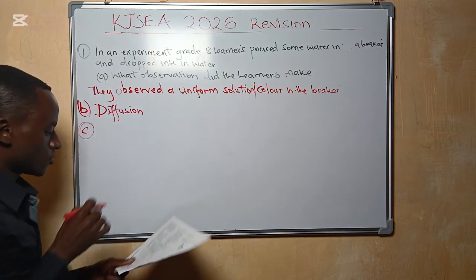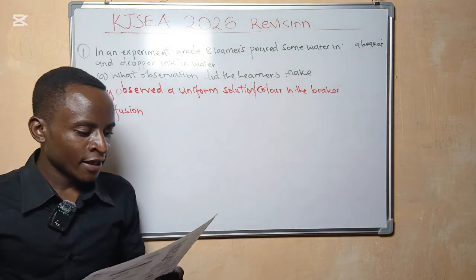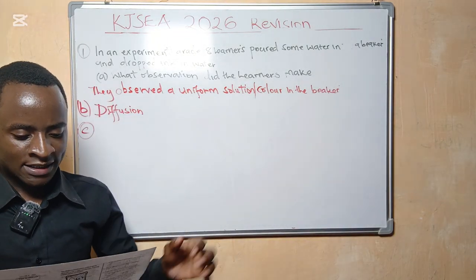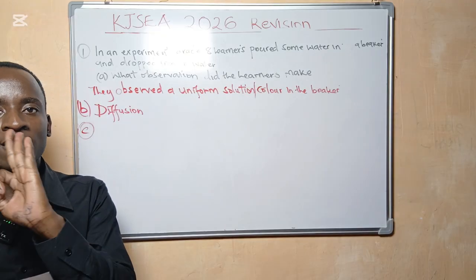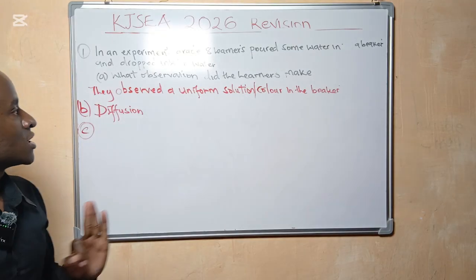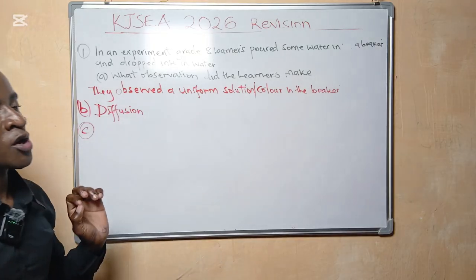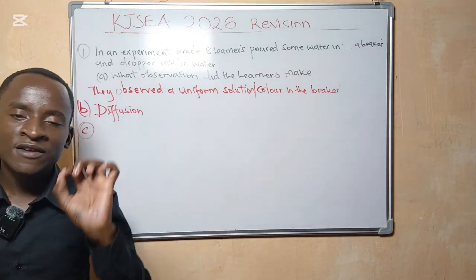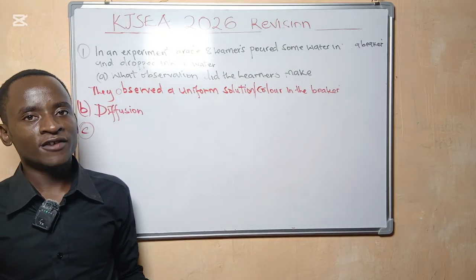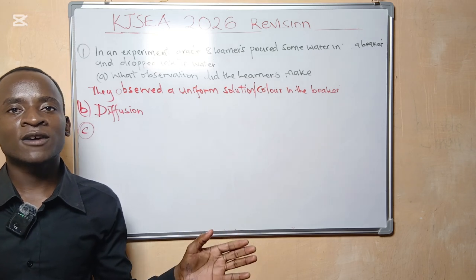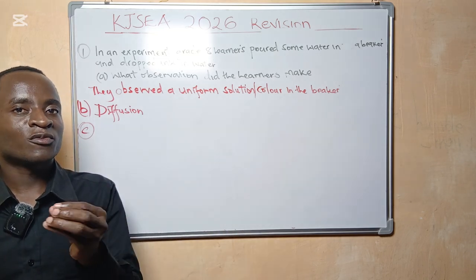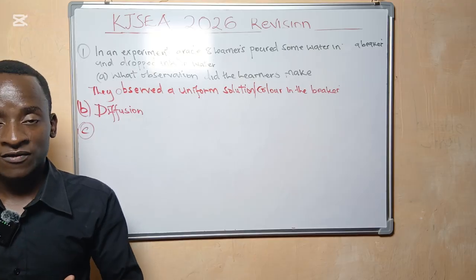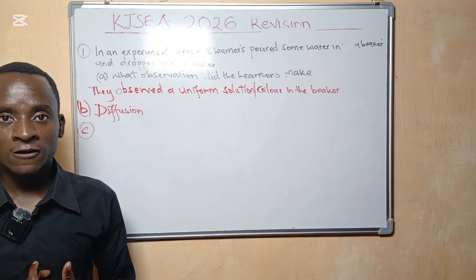Then we have question C. State and explain two factors that affect the process named above. Now the process named above is diffusion. What are the factors that affect diffusion? Very simple. We talked about the factors that affect diffusion when we were talking about the movement of particles in and out of the cell, right?